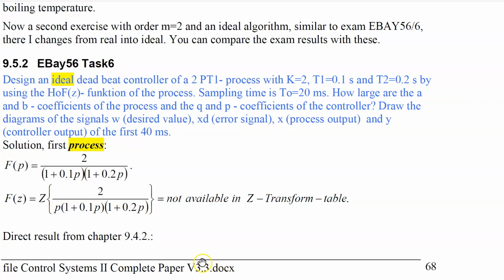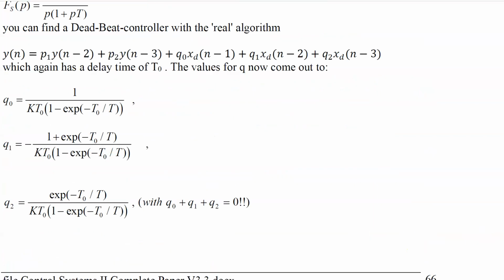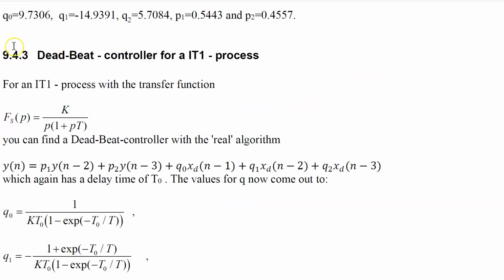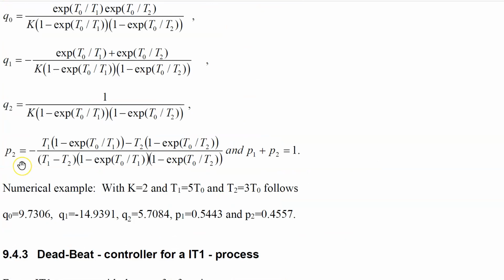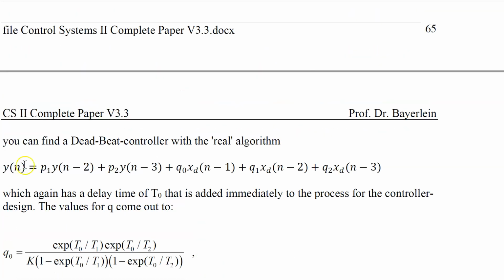Note that now I have version 3.3. If I go back to my equations, you see here, for example in this chapter for the IT1, I have exchanged the XR letter with Y because this fits better to other processes here.